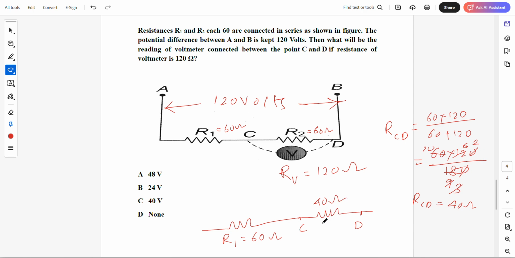Now the resistance between C and D, RCD, is equal to 40 ohm.